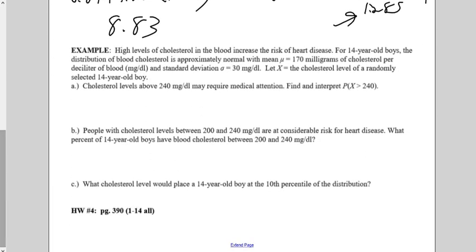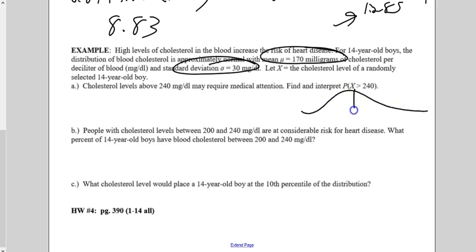All right, last examples. We have our information here. Mean of 170, standard deviation of 30. Real quickly, just going to sketch this out. 170.